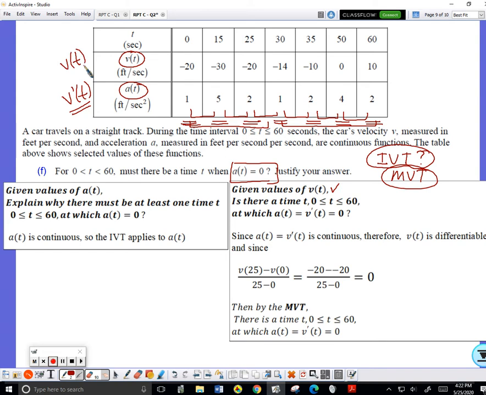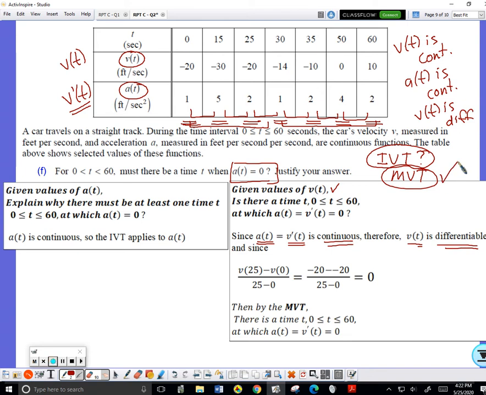They tell us that v is continuous, but they also tell us that a is continuous. And we said earlier that means that v is therefore differentiable. So I wrote that here. Since a, which is v prime, is continuous, therefore v is differentiable. So now I know I can use the mean value theorem.